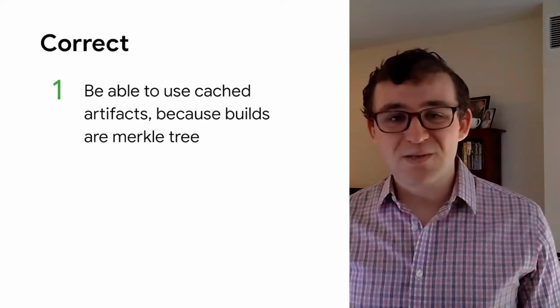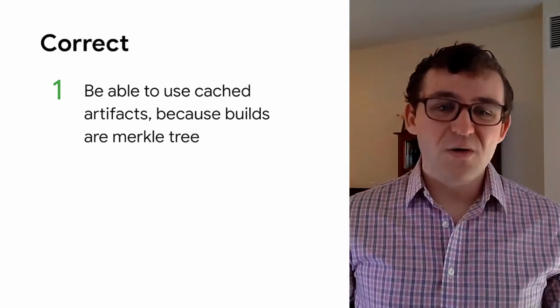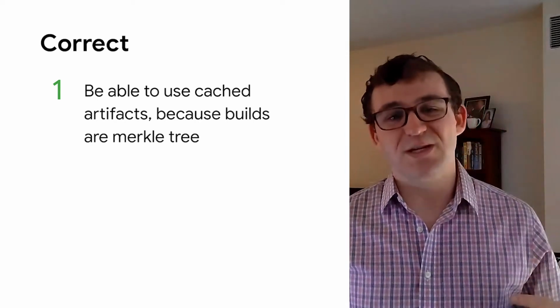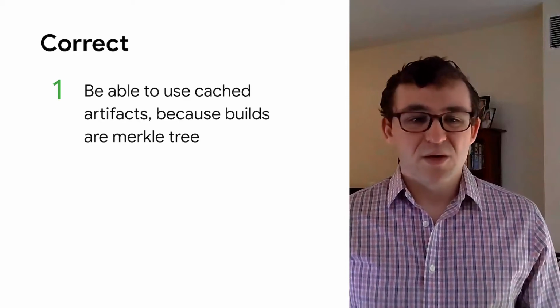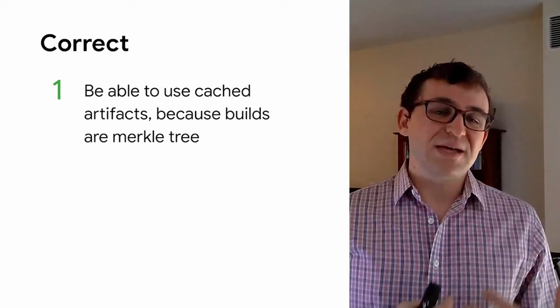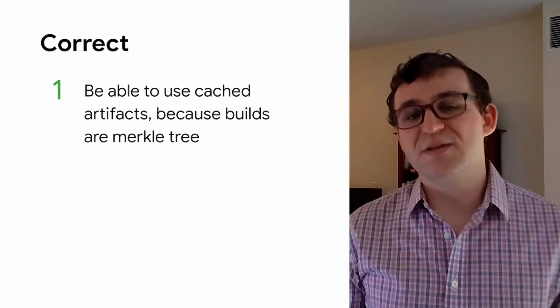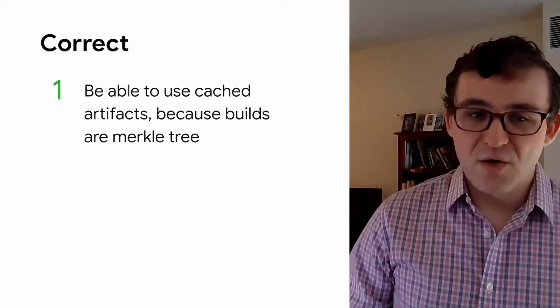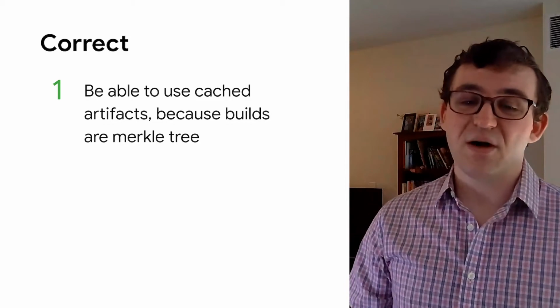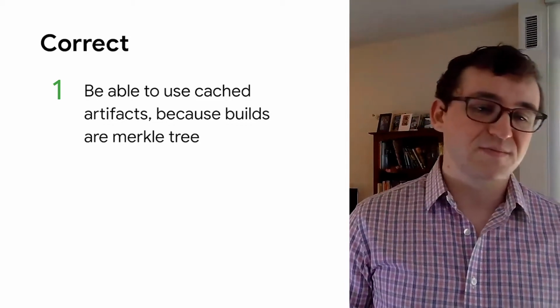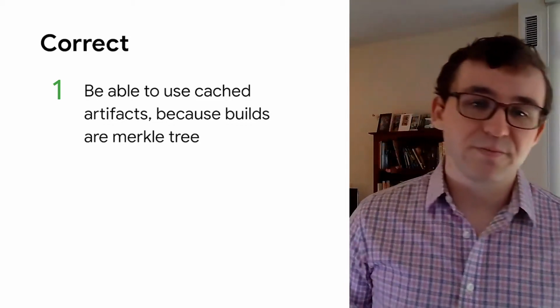So to be able to use cached artifacts, all the inputs in that Merkle tree need to be the same. Bazel's caching is entirely dependent upon file checksums, SHA-256 checksums to be precise, rather than the timestamps that a lot of local-only build systems, such as Make, use.